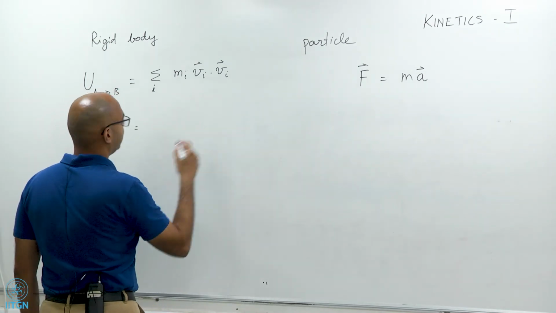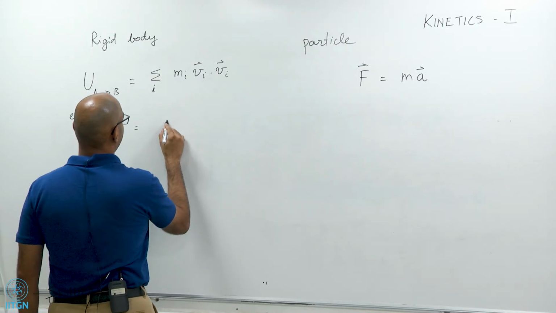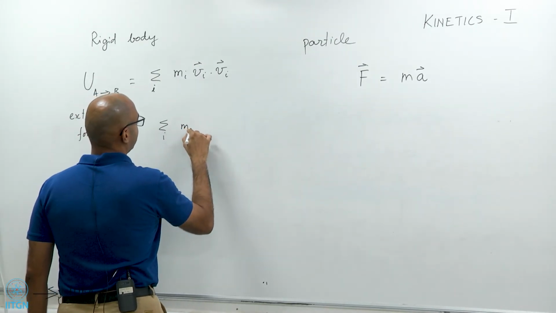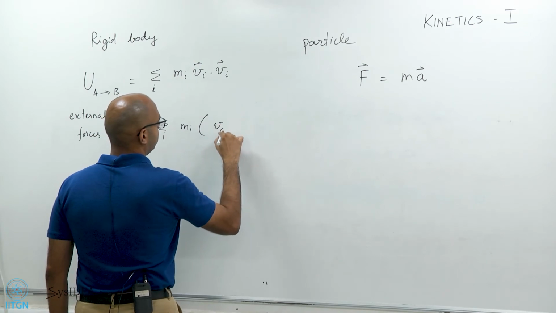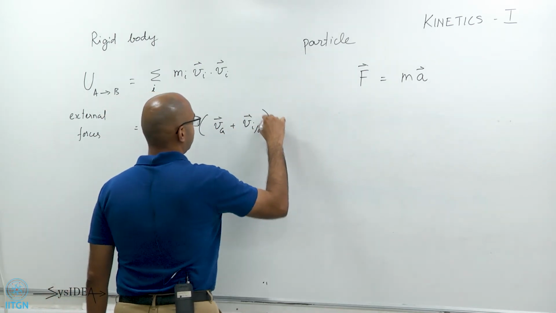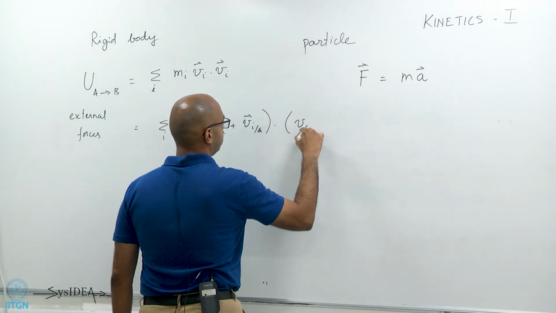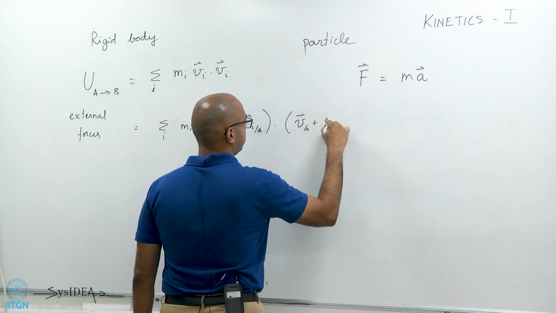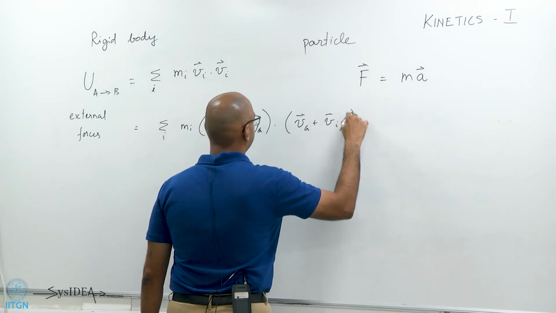And this, using the trick that I just mentioned earlier, I would write it as mi times vg plus vi with respect to g, dot with vg plus vi with respect to g.